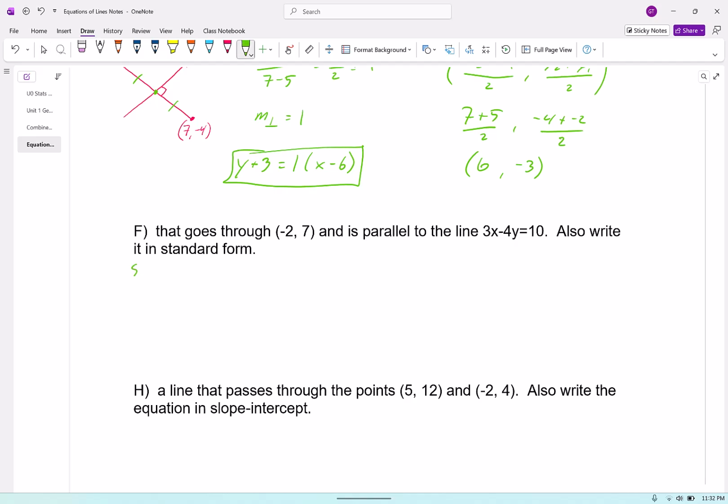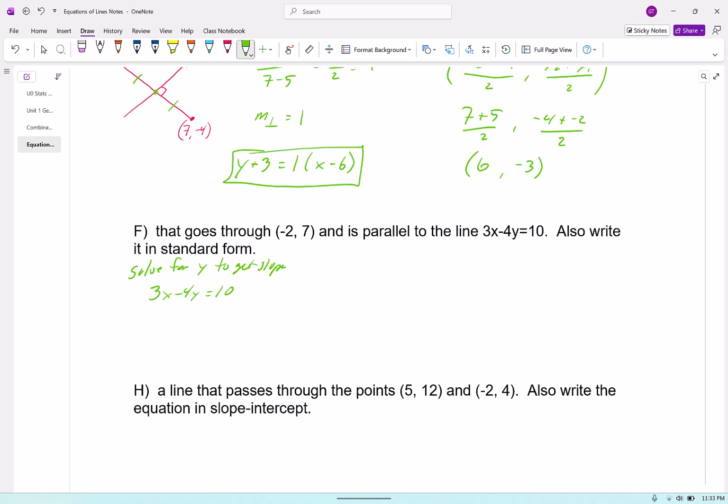All right, so the first thing we want to do is solve for y to get the slope. We have 3x minus 4y equals 10, so we're just going to rearrange.